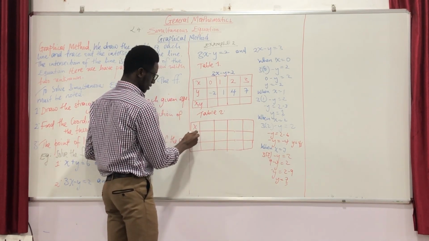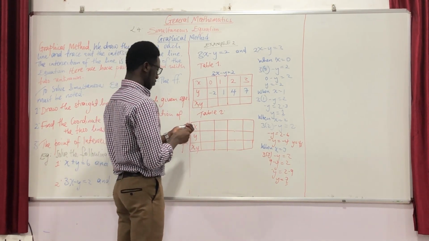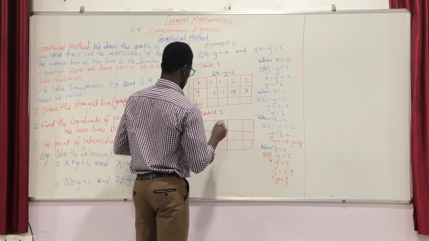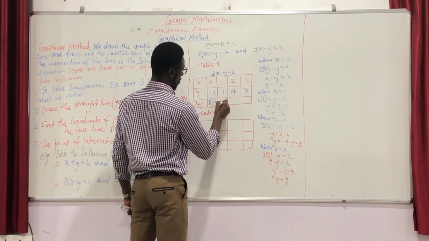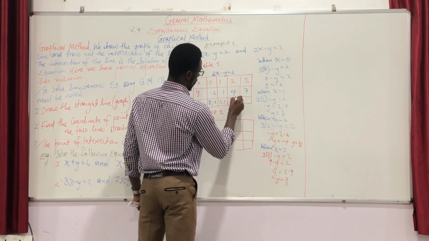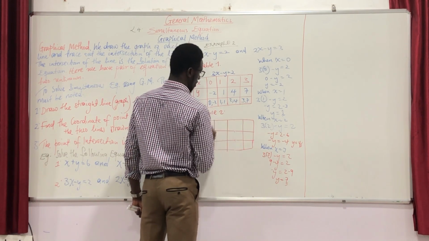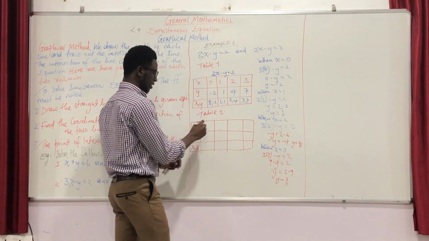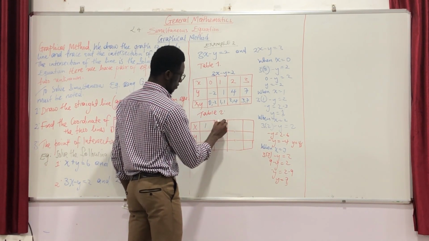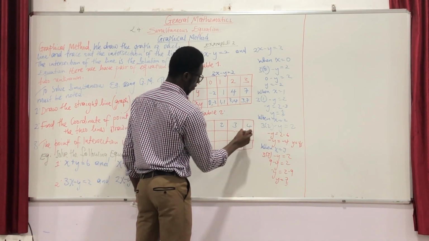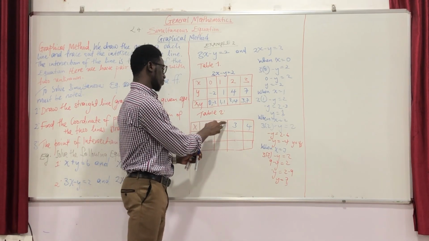Here we say x, y. This is x comma y. First, let's fill in the coordinates. This is 0, comma minus 2. This is 1, comma 1. This is 2, comma 4. And this is 3, comma 7. Now again, let x be 1, 2, 3, 4.